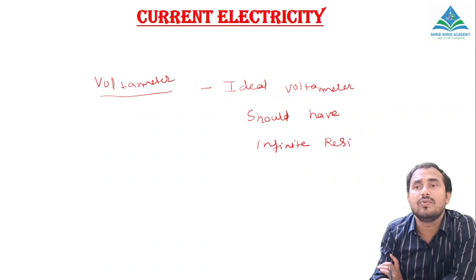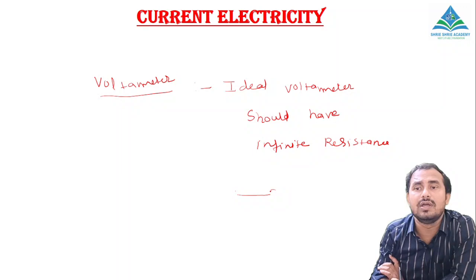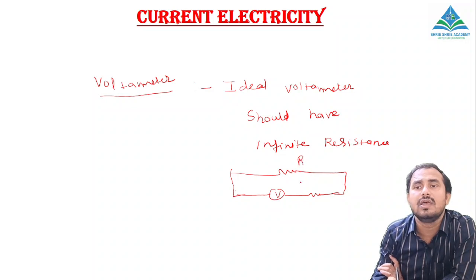What does it mean? The meaning is that a voltmeter is always connected in parallel connection, and if you connect some resistor in series, it makes no difference. Let us say you are finding the voltage across some resistance. While finding, you will find out the potential difference from here to here, right?